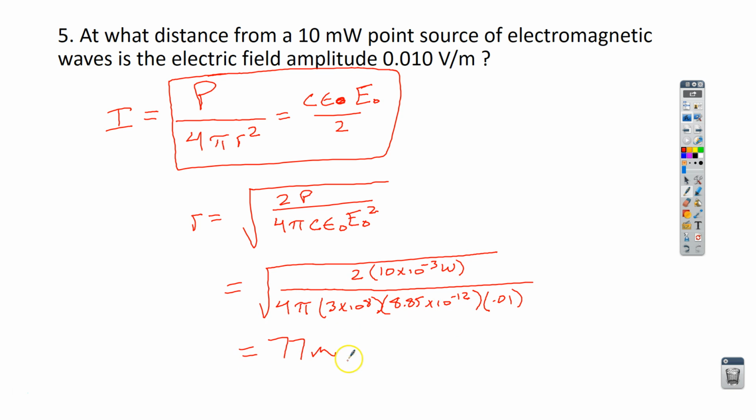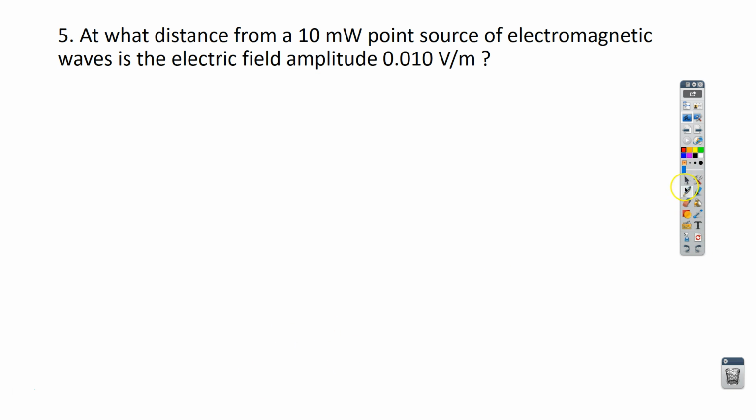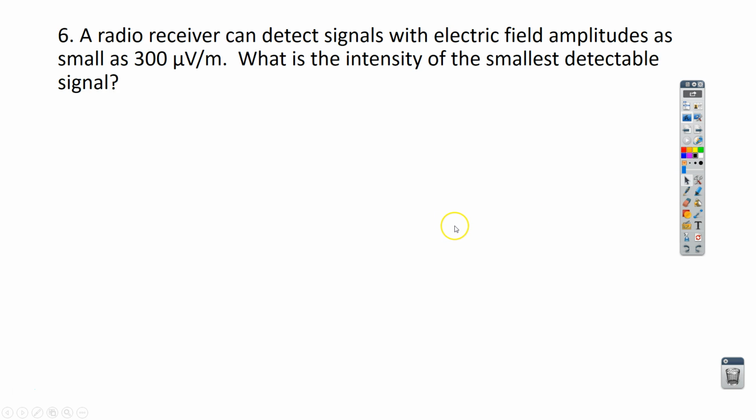So greater distances do result in much smaller electric fields, so that's really what we should expect. Very last problem here says a radio receiver can detect signals with electric field amplitudes as small as 300 microvolts per meter. They want to know the intensity of the smallest detectable signal. So here we go. Intensity is equal to the speed of light times our constant value times the square of the electric field amplitude, divided by 2.